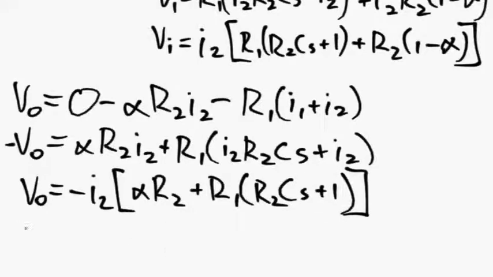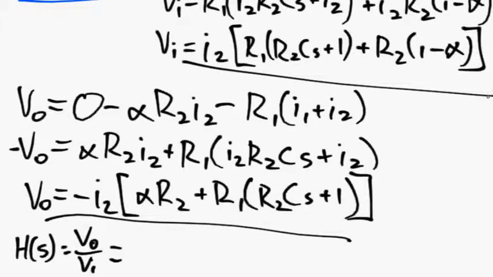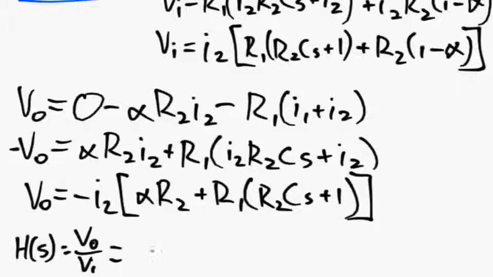And we can now compute the big fraction H of s, which is equal to Vout over Vin. And since we have values for Vout and Vin, we can just write this fraction and get rid of the I's because they will cancel.